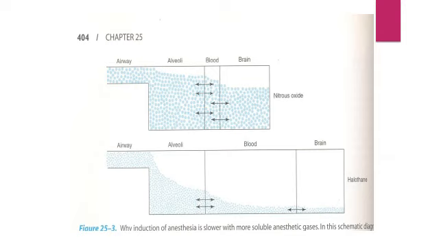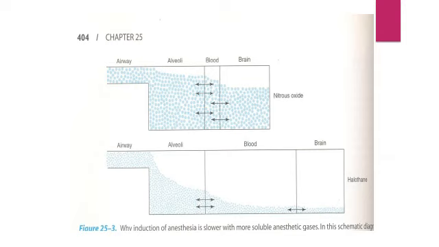While in the lower part of this diagram, halothane, which is more soluble in the blood, takes time to attain partial pressure in the blood and then to attain equilibrium between the blood and the brain.